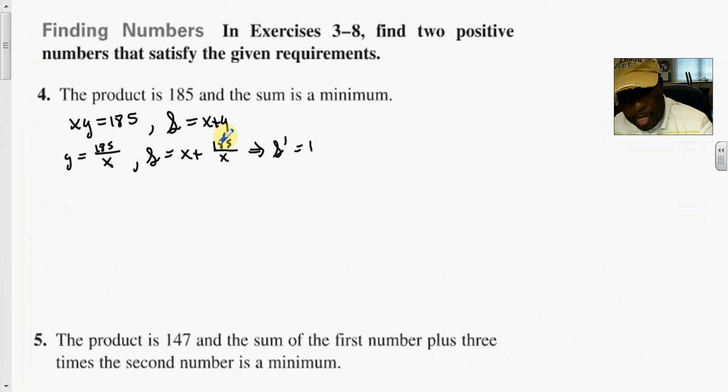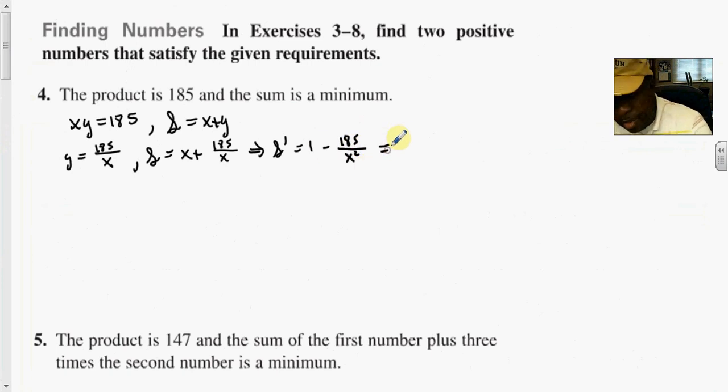Think about this as being 185 times x to the negative 1, so the derivative becomes negative 185 times x to the negative 2, or minus 185 over x squared.